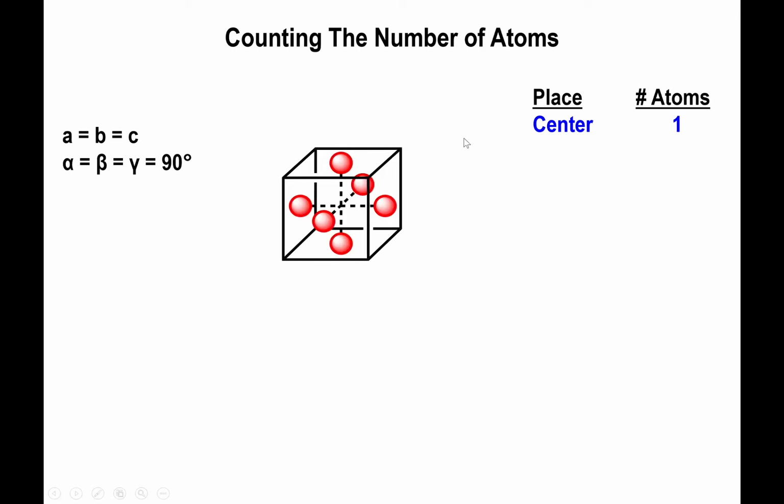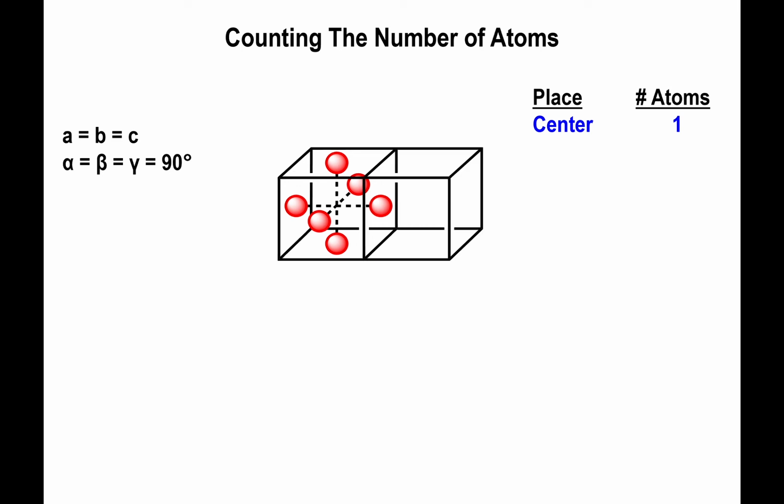Now the face ones. Here the idea is that for it to count as part of the unit cell, it has to belong only to that unit cell, period. And the easiest way to determine whether all of it belongs to the cell or not is to draw additional cubes. Notice here that I drew another cubic structure right on the face atom on the right side.